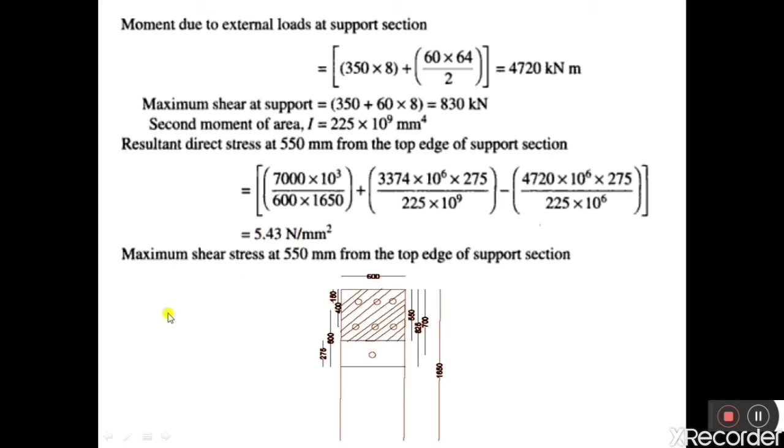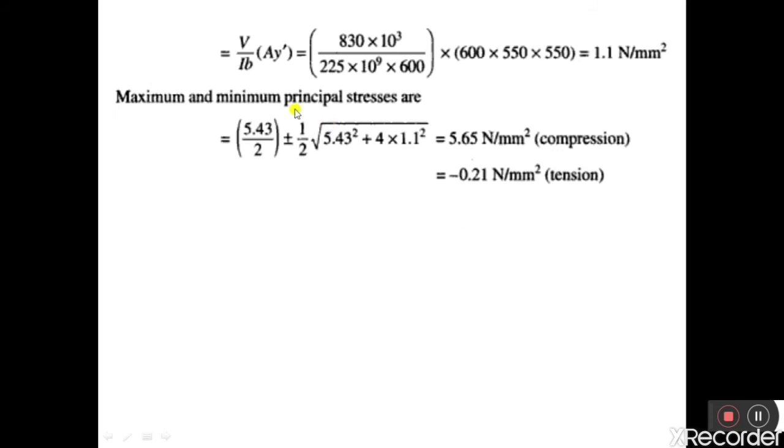Then what is the maximum shear stress at 550 millimeter from top edge of the support section? So along this plane, what is the maximum shear stress? To calculate the maximum shear stress, that is tau v, we will use this equation.